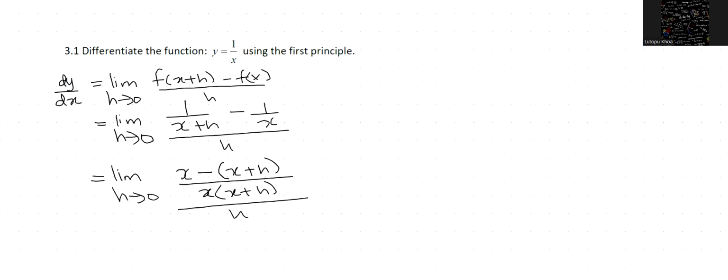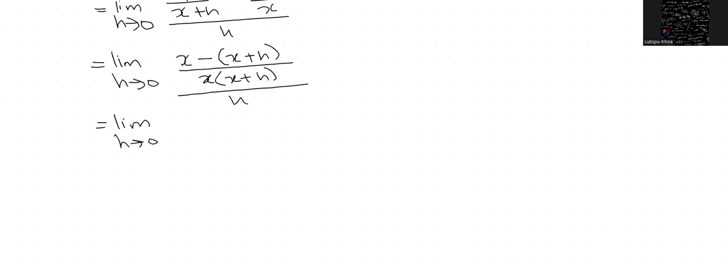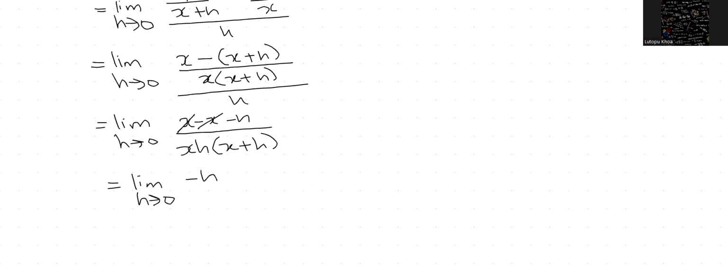So this is the limit as h goes to 0 of x minus x minus h over x times h times x plus h. So these two will cancel. So I have the limit as h goes to 0 of minus h over h x times x plus h.